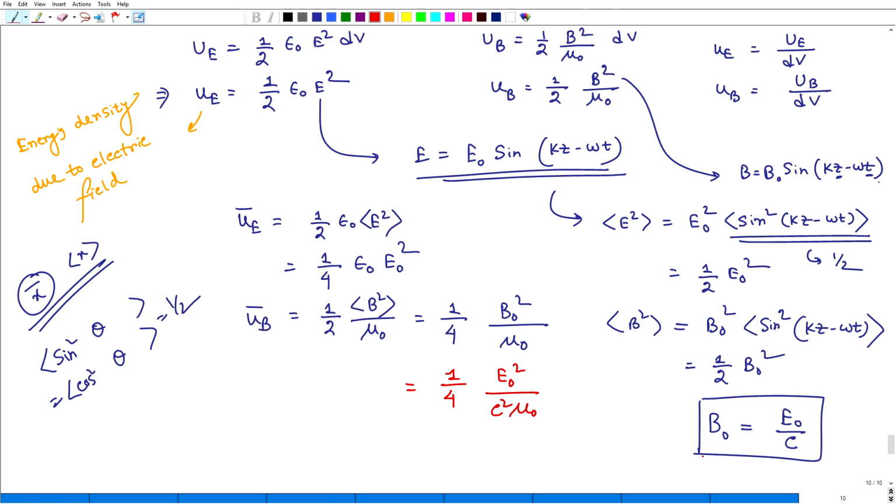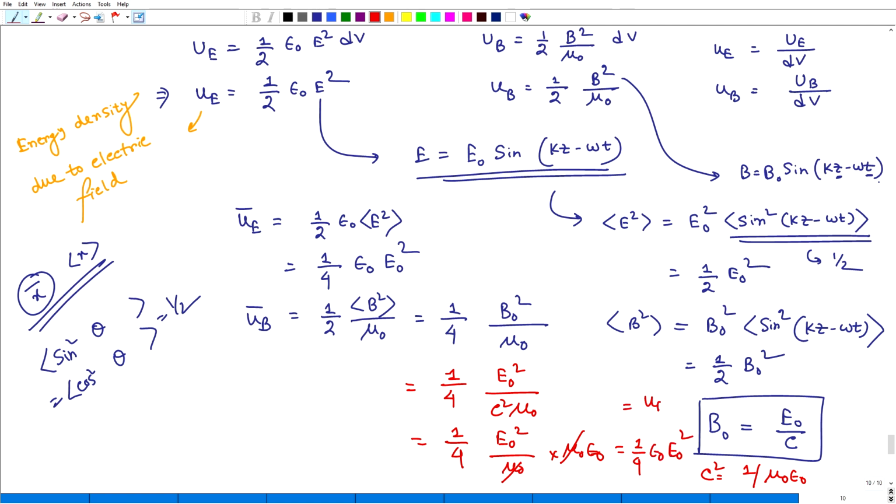Again we know that C square is equal to 1 by mu naught epsilon naught. So, 1 by C square is mu naught epsilon naught, and mu naught will be cancelled out. So, it will be 1 by 4 epsilon naught E0 square.